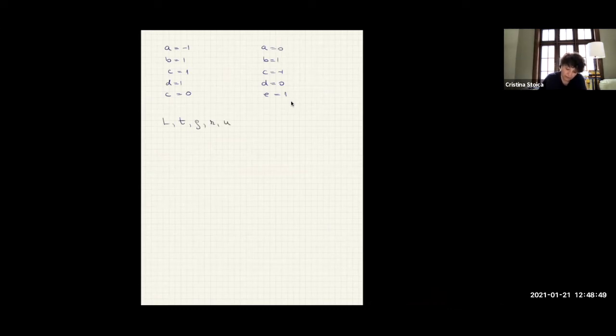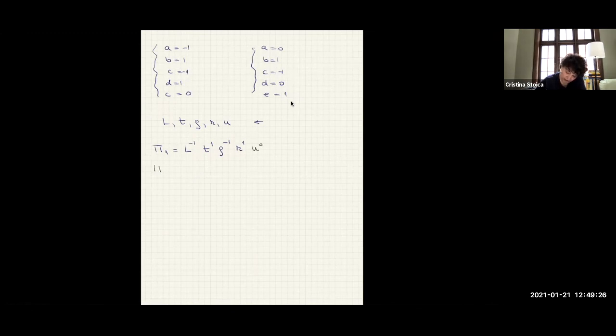Okay. So now if we take combinations of these variables at these particular powers, that will give us a non-dimensional variable. So pi 1 is going to be L at minus 1, T at 1, rho at minus 1, R at 1, and then U at 0.